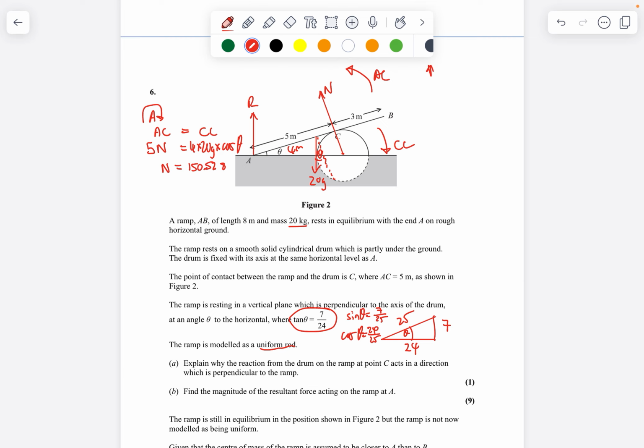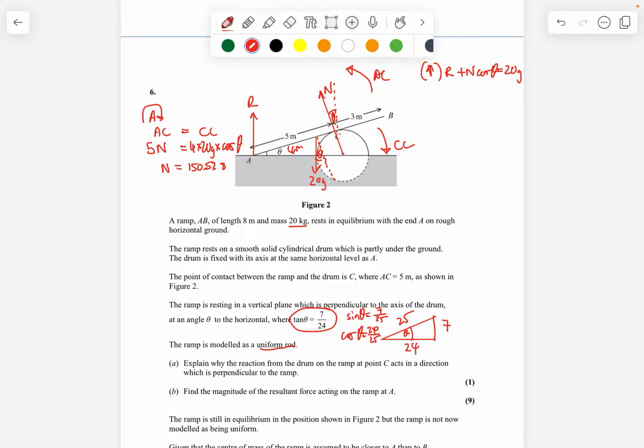Now I'm going to work vertically. So what vertical force I've got R, the reaction force. I've got N, but again, I've got to work out the angle. And because it's vertical and perpendicular, again, this is theta. So I've got N cos theta, and that's equal to 20G, which is acting in the other direction, the weight.